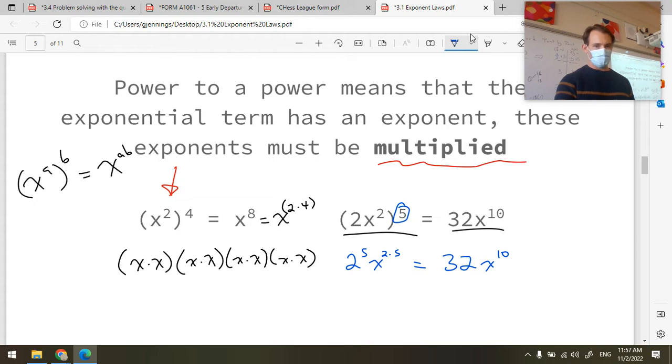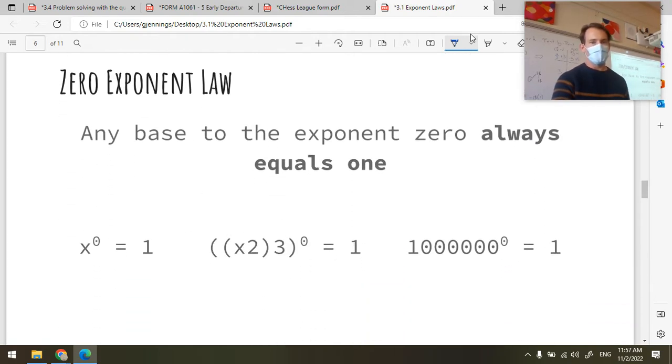Well, let's keep going. What if we have a 0 exponent? It's always 1. And this starts making sense intuitively. X to the 0 is like saying, I have some number that I don't know yet, and I want you to multiply by that number exactly 0 times. Meaning, please don't multiply by that number.